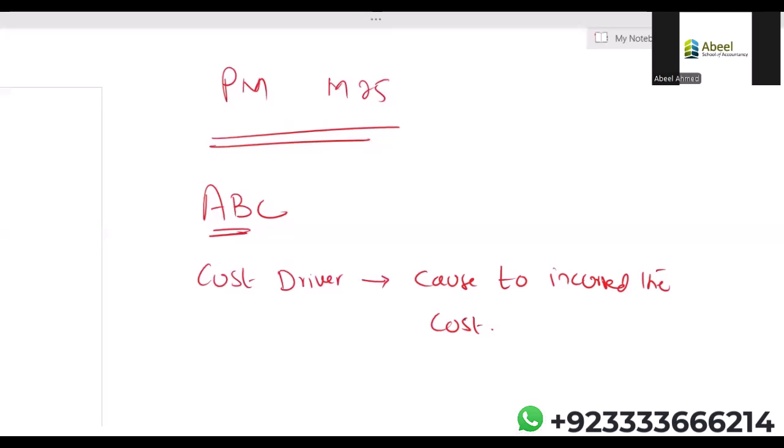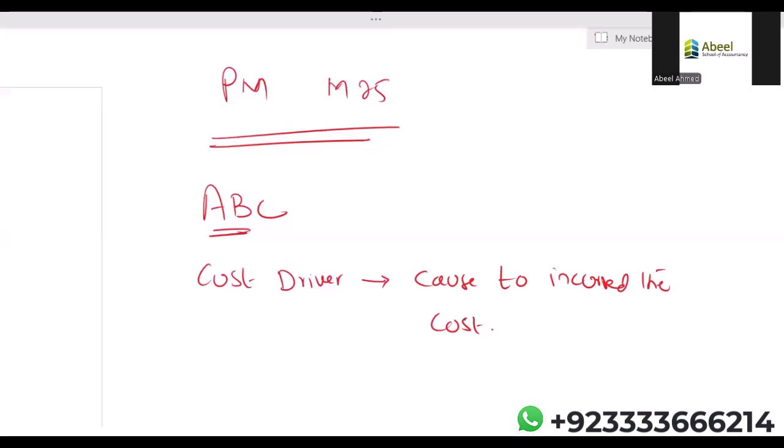Now the question is, if under ABC costing we can get the fair allocation of overhead, what are the benefits? There are a number of benefits. It will definitely help you in decision making. There's a possibility that one product is loss making just because of the problem of absorption costing, because of unfair allocation of overheads.